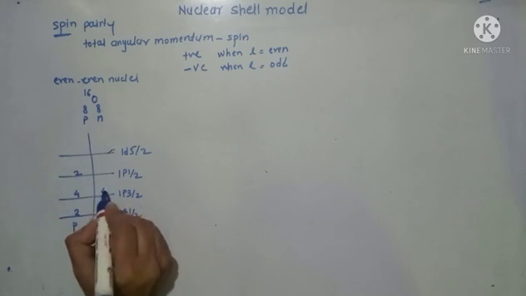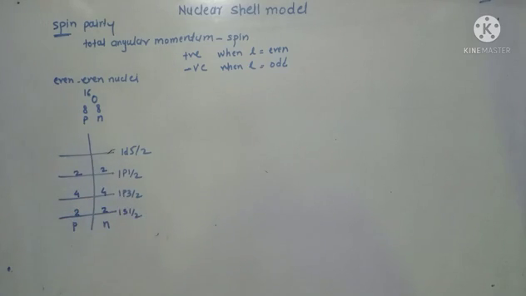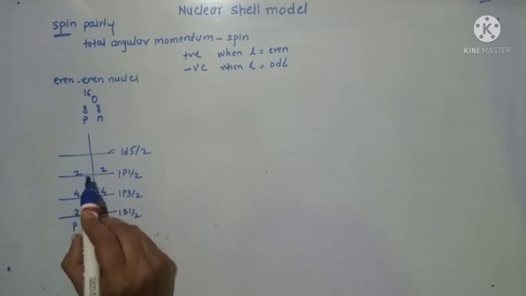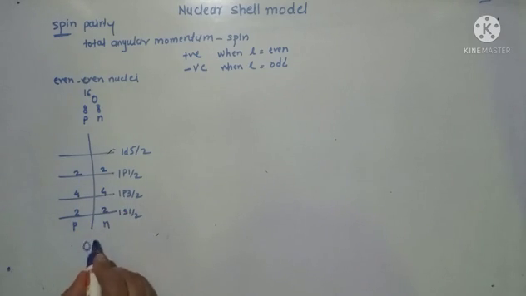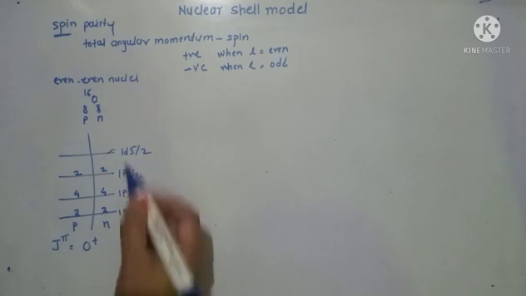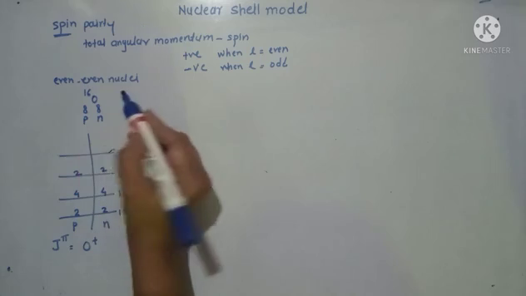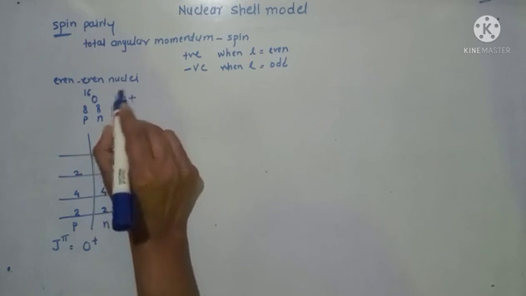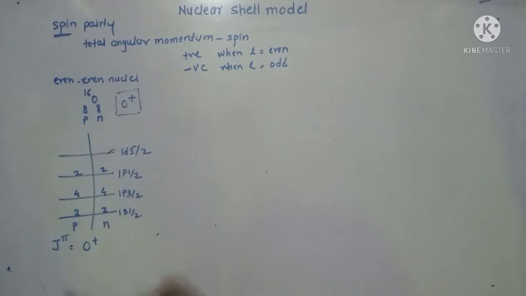Similarly 8 neutrons could be filled, and here we can see that no unpaired nucleon is remaining. Therefore the spin parity of the nucleus is 0 plus, which is written as J pi. J is the spin, parity is positive. So for all even nuclei, the spin parity is 0 plus.